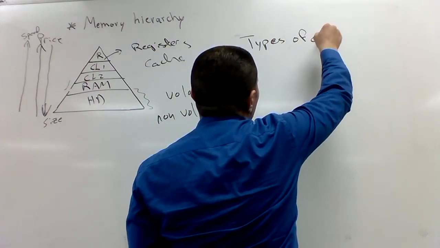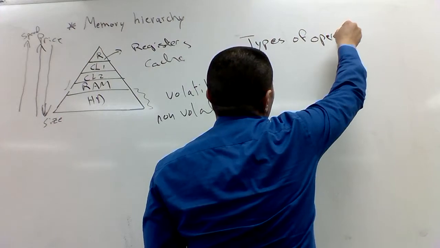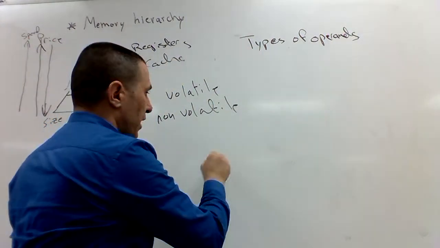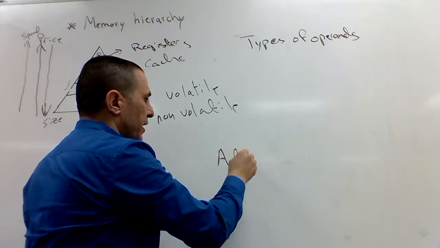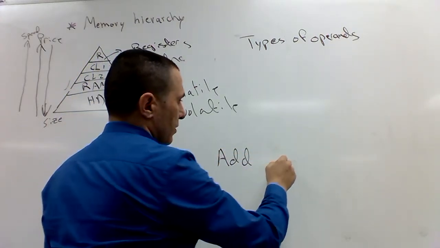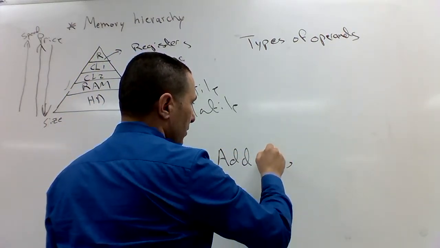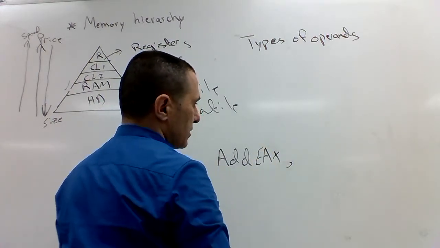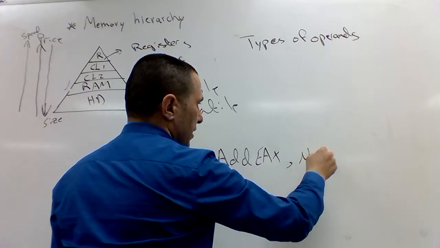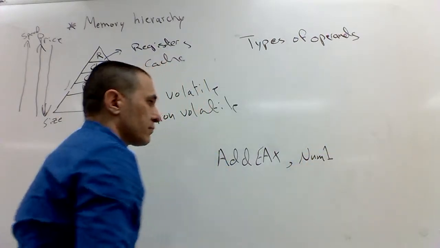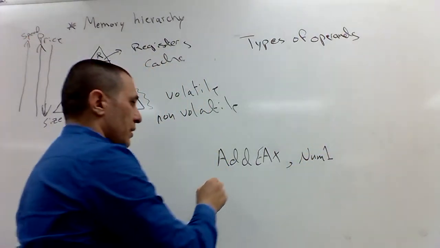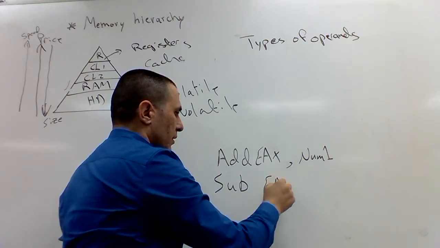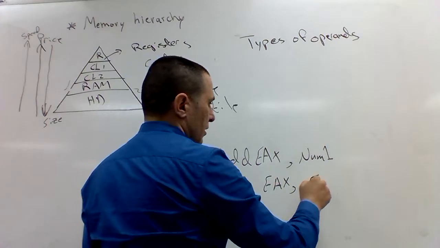What do we mean by types of operands? If you have, this is an AND. I can have here AX or EAX, the extended, and let's say here I can have num1, and then I can say sub EAX and 5.